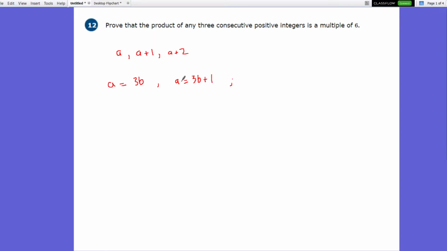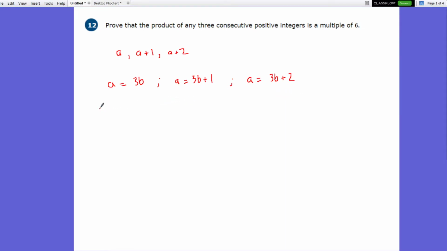Or it can be 2 bigger than a multiple of 3, so a could be 3b plus 2. Obviously if a were 3b plus 3, that would be a multiple of 3, so we're back to scenario 1. So these are the three separate scenarios we're going to look at.